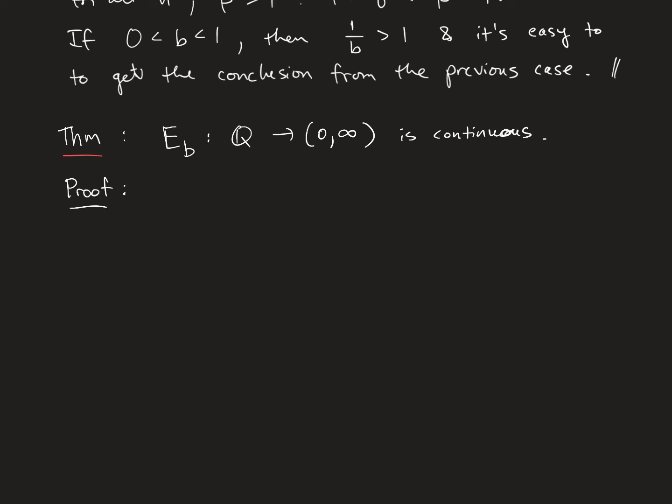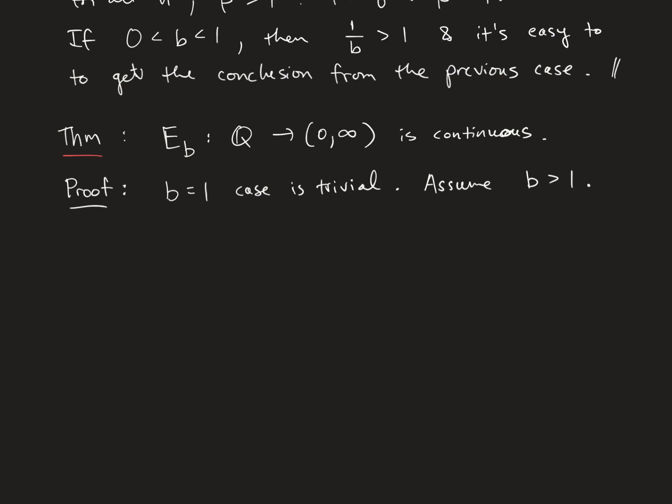Okay, so let's look at the proof. The b equals 1 case is trivial because e sub b is just a constant function, which is clearly continuous. So we'll assume that b is greater than 1 for the moment.